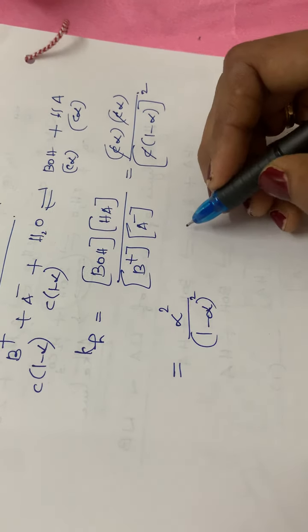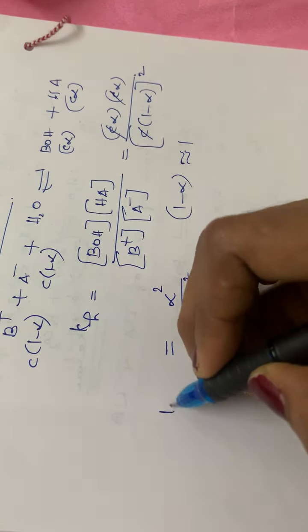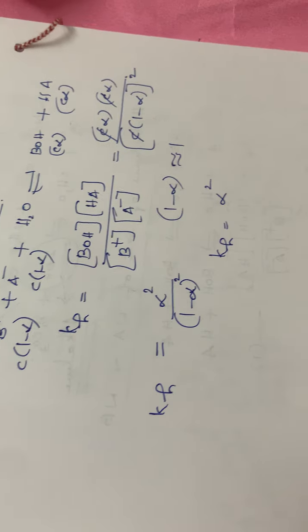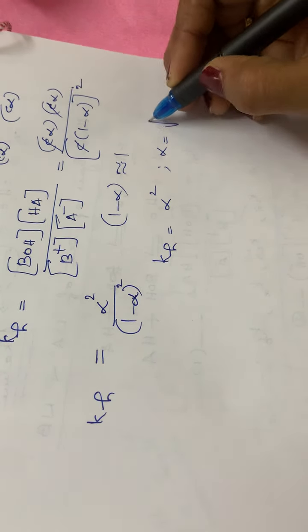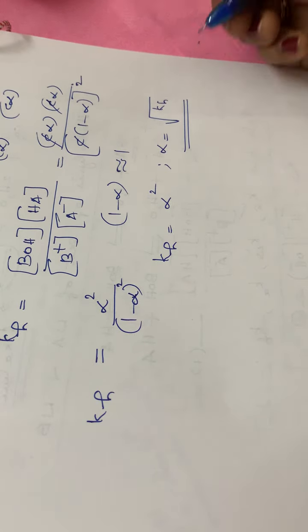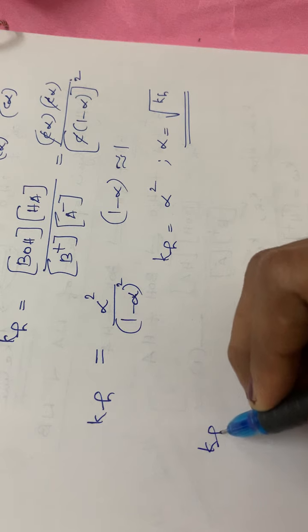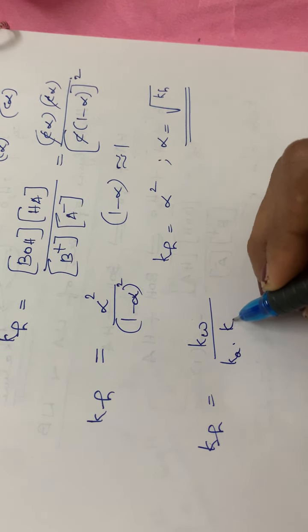Then 1 minus alpha is approximately equal to 1. So KH is equal to alpha square, or alpha is equal to square root of KH. Again, KH is equal to KW divided by Ka into Kb.